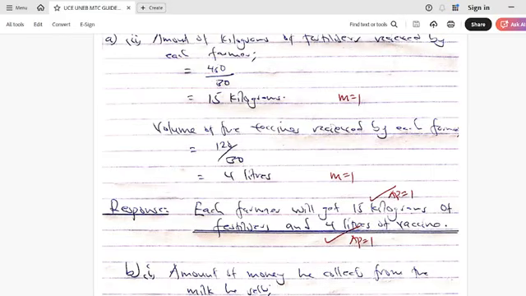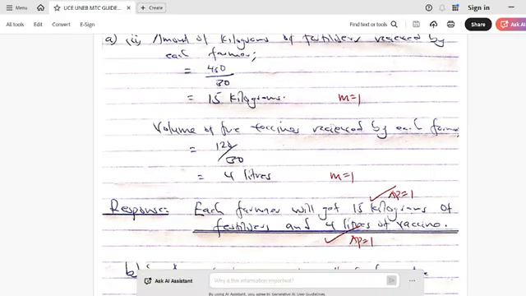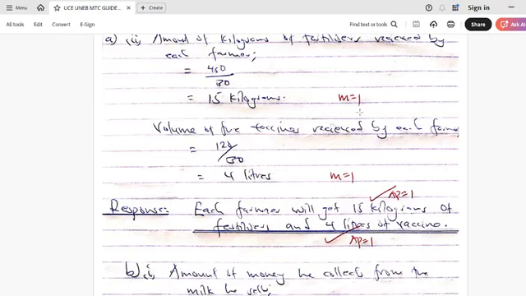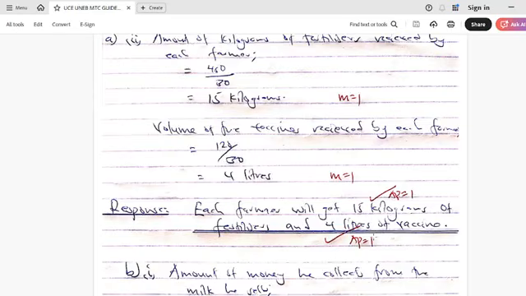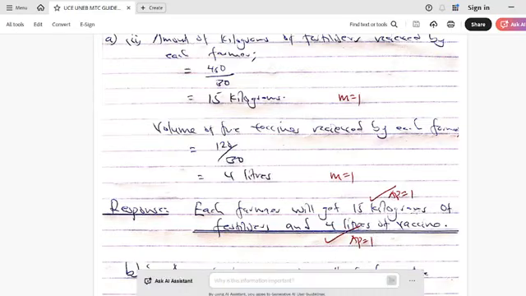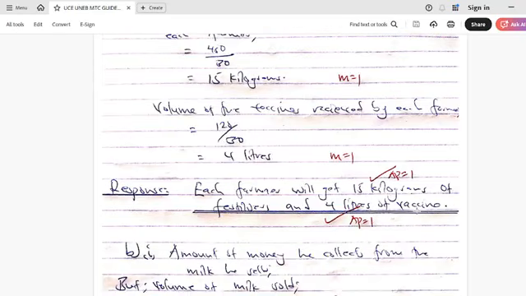That means I'll just divide this amount with the farmers. So that is manipulation equals to 1, manipulation equals to 1. Then coming to the response, you're responding to the task. That's why you can see that we are having application equals to 1 and an application equals to 1. That is responding to the task. Remember, this mark for application is given for the conclusion or responding directly to what the task wanted.